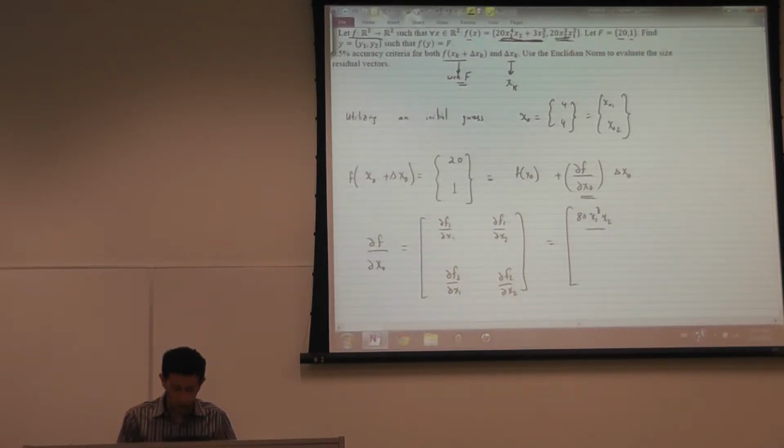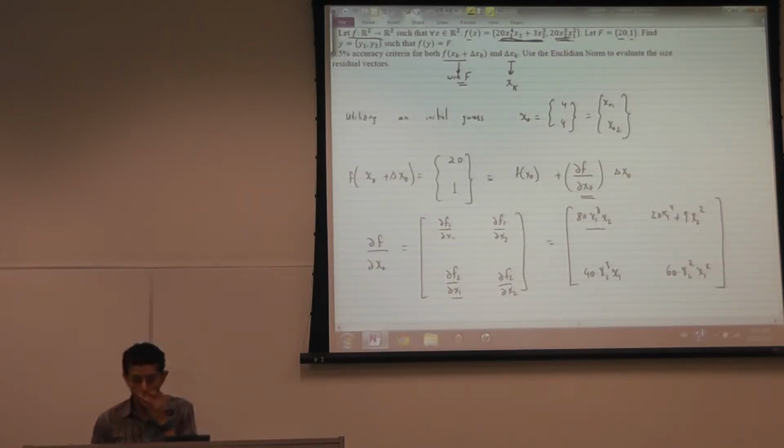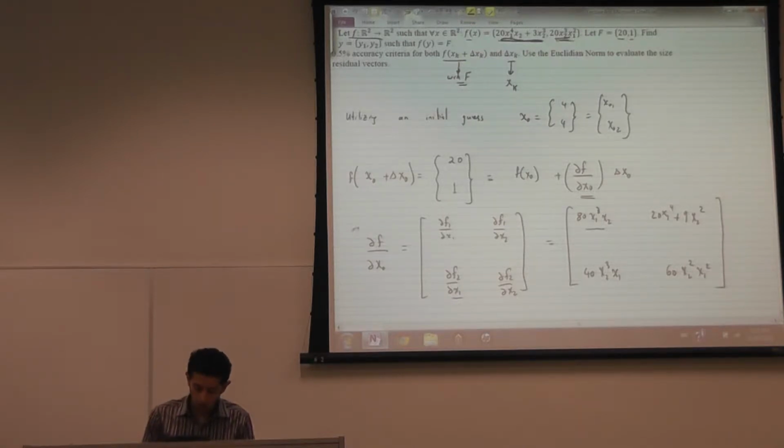Partial f1 by partial x2 is equal to 20 x1 to the power 4 plus 9 x2 squared. Partial f2 by partial x1 will be equal to 40 x2 cubed x1. Partial f2 by partial x2 will be equal to 60 x2 squared x1 squared. So this is the matrix, partial f by partial x.